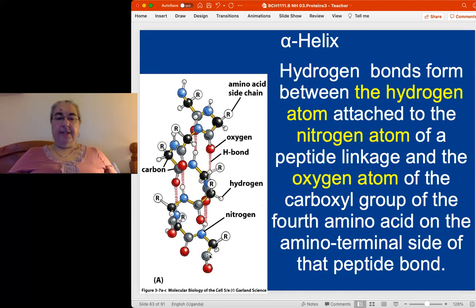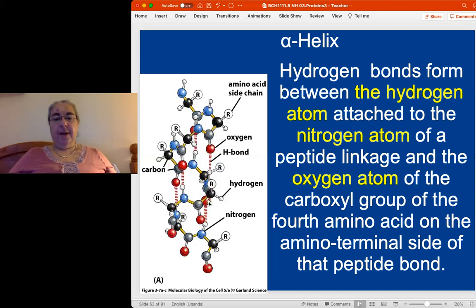It's a bit difficult to see, but if we follow round, so here is the first of the hydrogen bonds, and if we count, here's one R group on one amino acid, 2 R groups, 3 R groups, and then the 4th R group here is attached to the 4th amino acid.